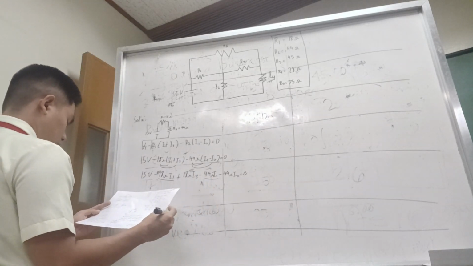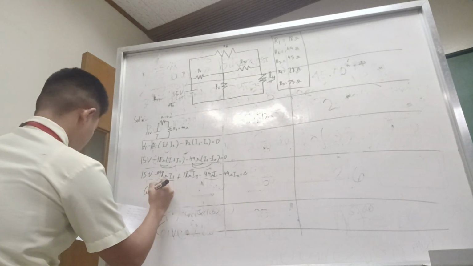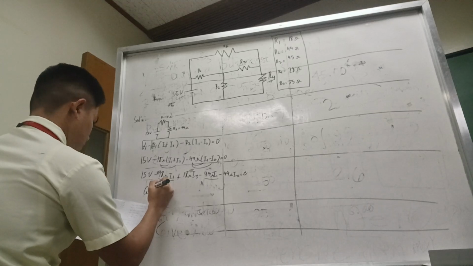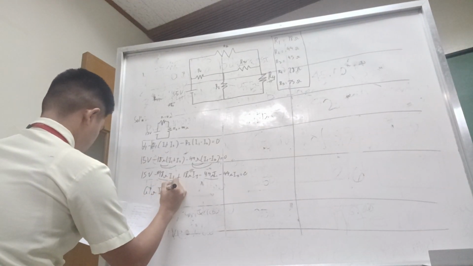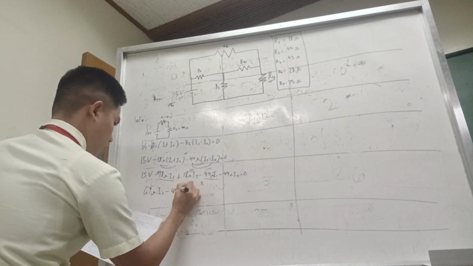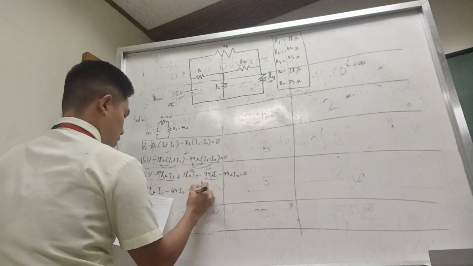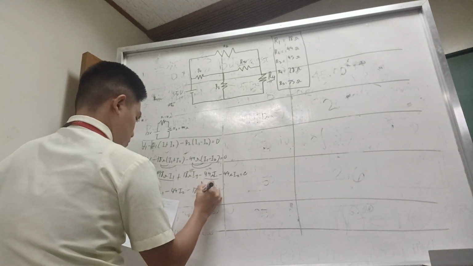So it is 67 ohms I1 minus 49 I2 minus 18 ohms I3.